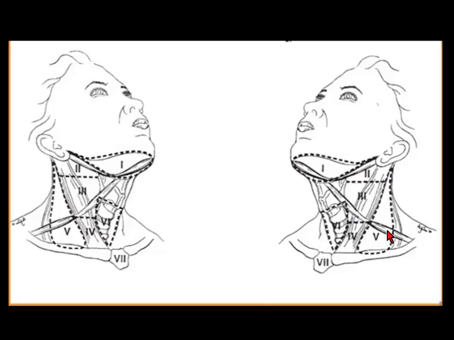Sternocleidomastoid posterior to this is 5. Between the hyoid bone and the superior mediastinum along the sternocleidomastoid is level 4. In the midline all the way is level 6, and in the superior mediastinum behind the sternum is 7. Yeah?